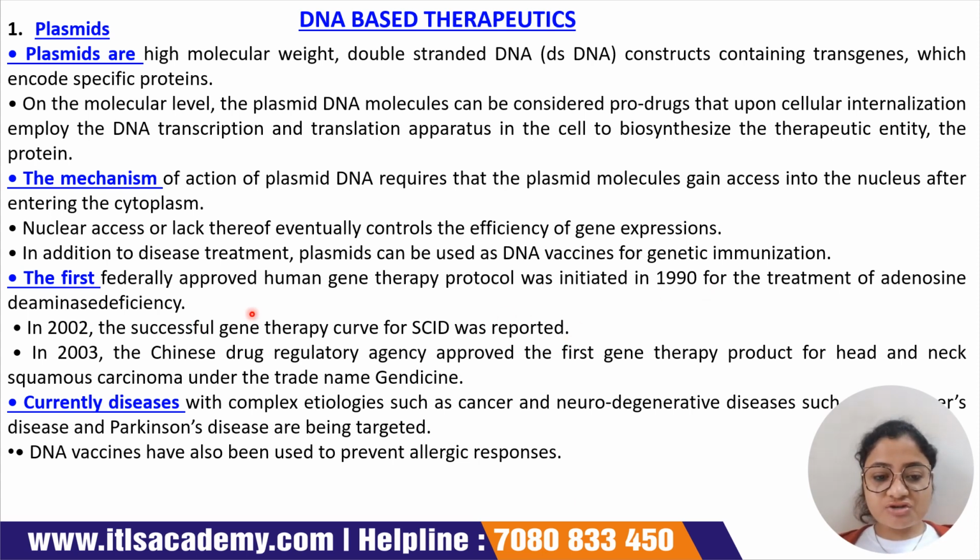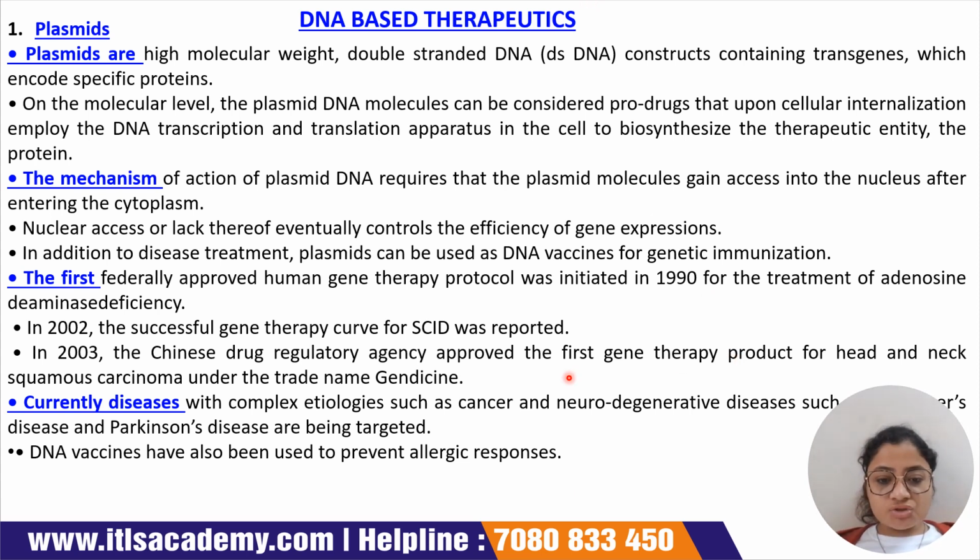And the first federally approved human gene therapy protocol was initiated in 1990 for the treatment of adenosine deaminase deficiency, ADA deficiency, and in 2002 the successful gene therapy cure for SCID was reported. What is SCID? The full form of SCID stands for Severe Combined Immunodeficiency Syndrome.